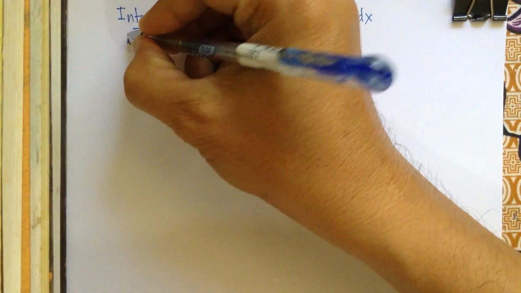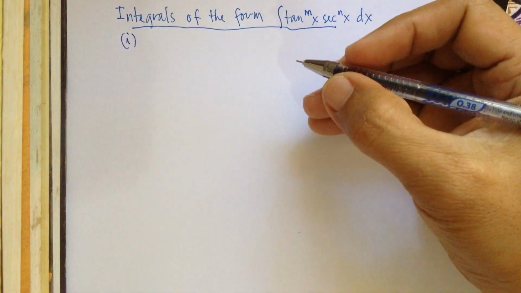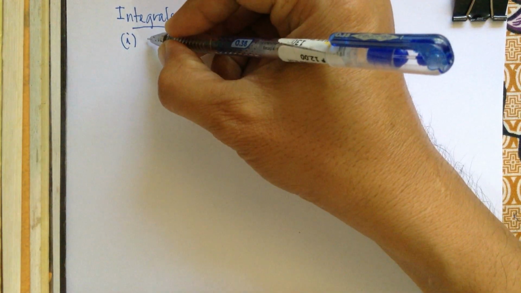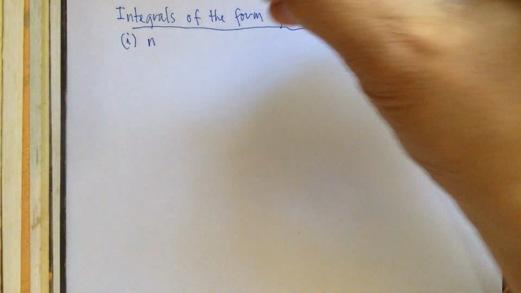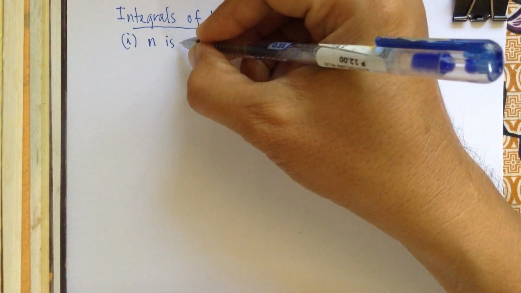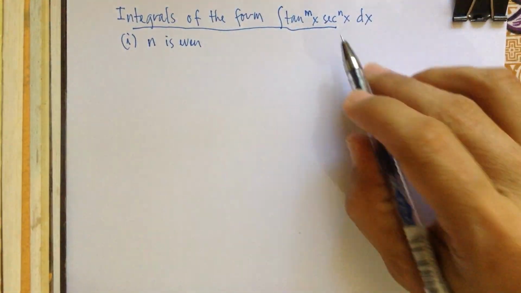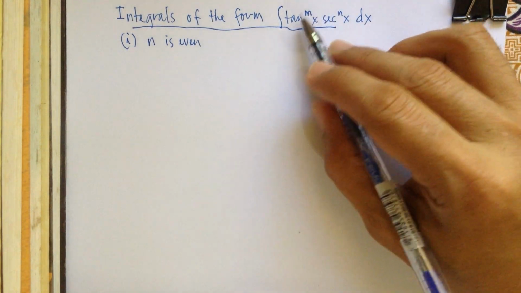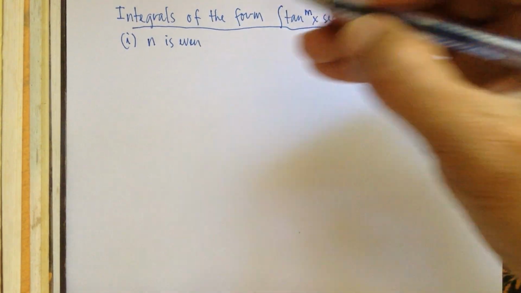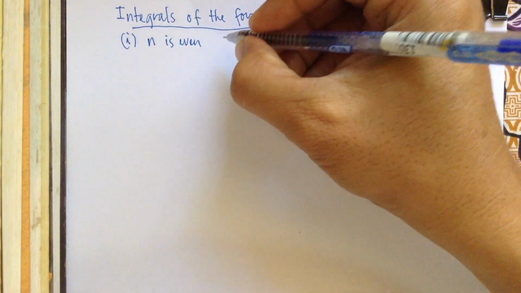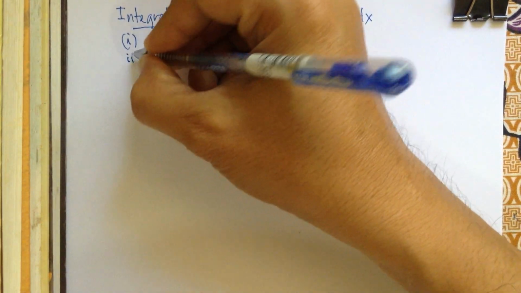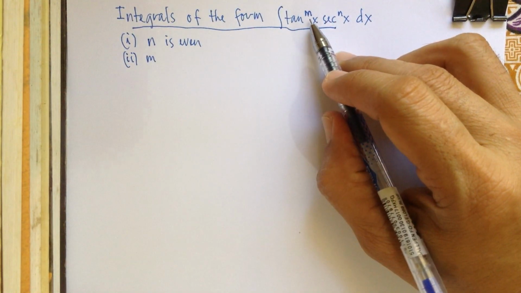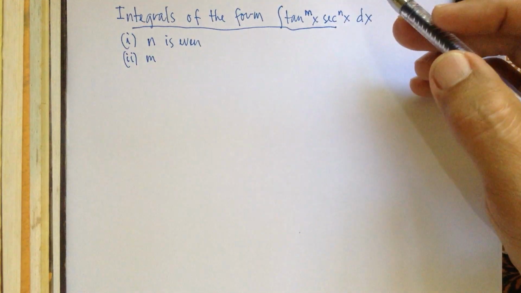The first case is when n is even. That means when the exponent of secant is even, regardless of whether m is odd or even. Okay. And the second case is when m, which is the exponent of tangent, is odd.